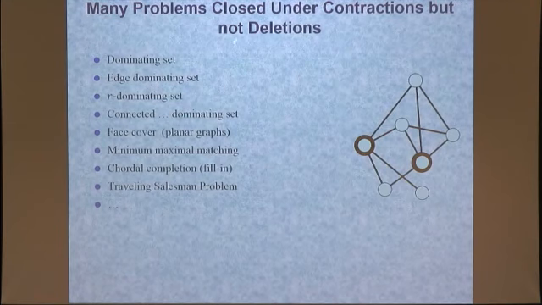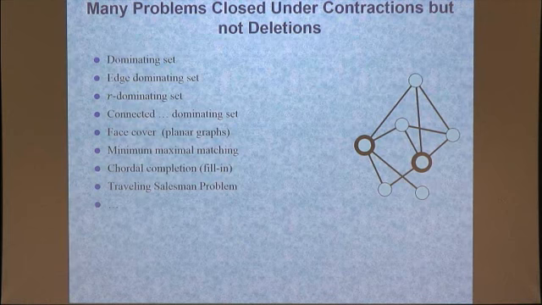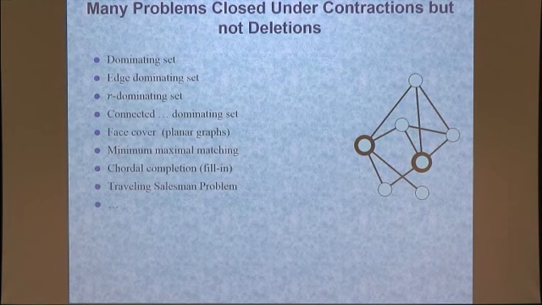Okay, those were some examples I mentioned, and both the vertex version and the edge version are important. Now let's consider other problems, which came out of a more computer science set of problems. For example, dominating set or edge dominating set. These are problems that are closed under contractions. What does closed under contraction mean? It means that if you contract an edge, the size does not go up, but if you delete an edge, the size may go up.